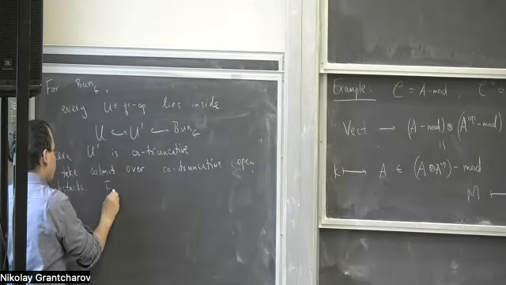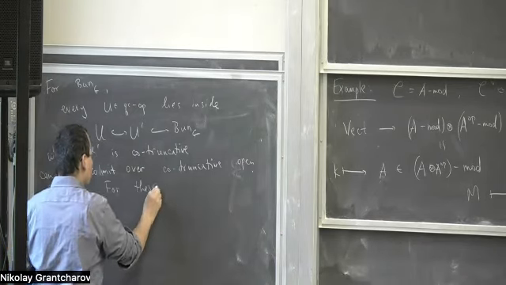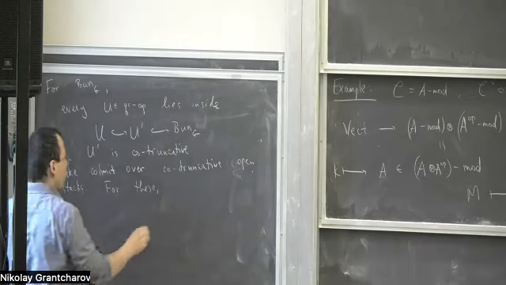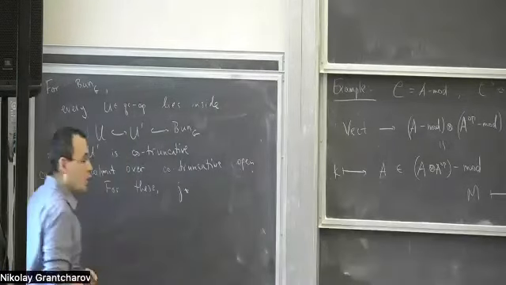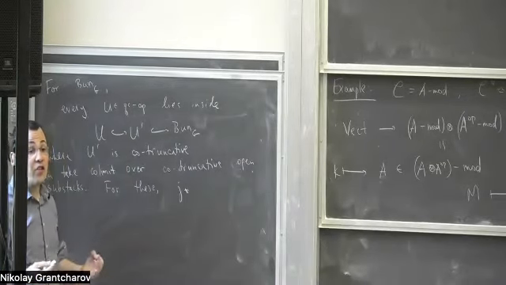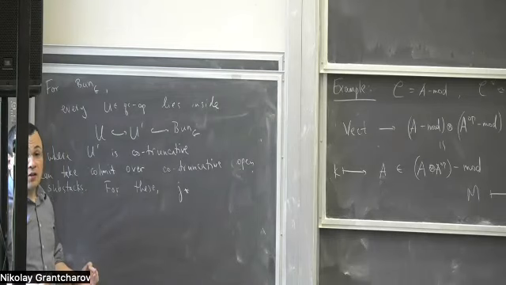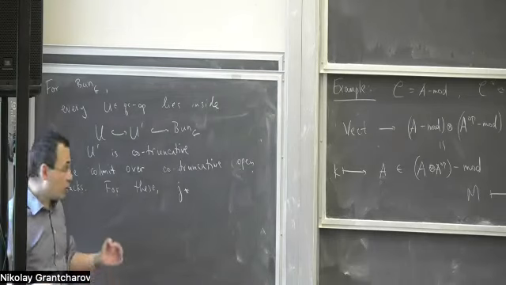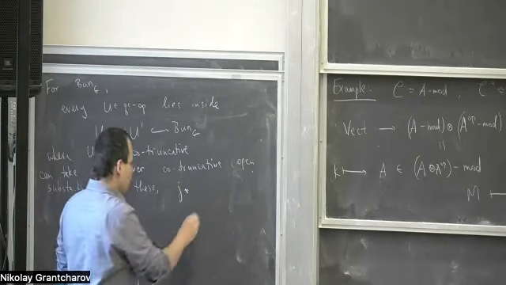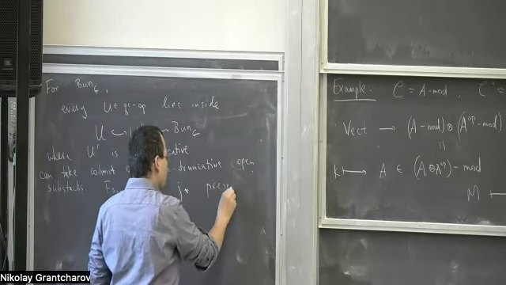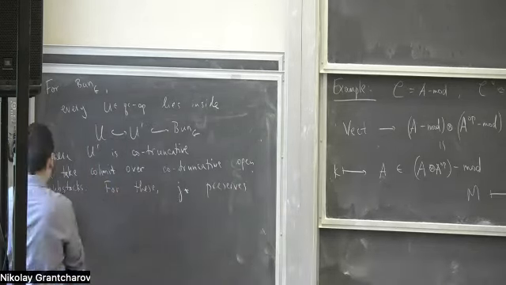And now for these, j lower star preserves colimits, essentially by definition. It preserves compact objects.